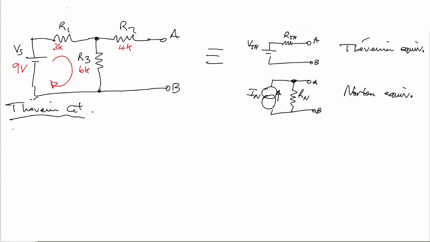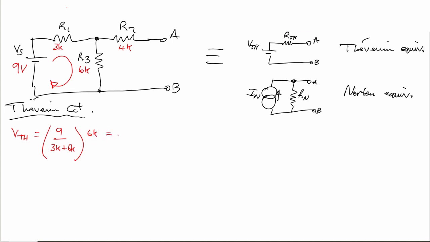So the Thevenin voltage is equivalent to the current in that loop in red, and that's a bit of Ohm's law. This is going to be 9 over 3k plus 6k, there's the current in brackets. We're going to multiply that by R3, which is 6k.